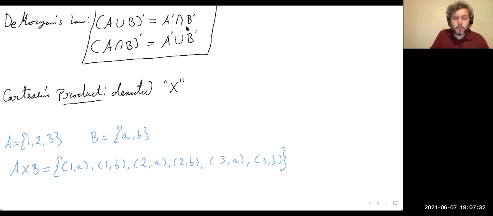I will call to your attention for a moment that there are 3 elements in A and 2 elements in B, and when I did A cross B, how many elements were there? 1, 2, 3, 4, 5, 6. 3 times 2 is 6. So that's a way you can at least predict how many elements should be in the cross.